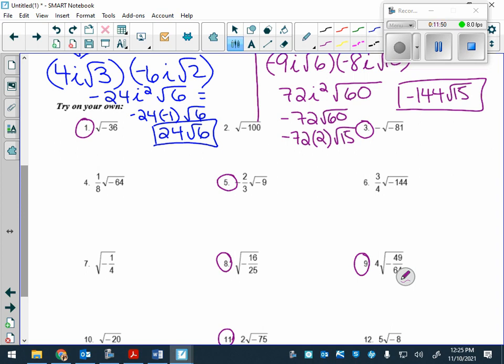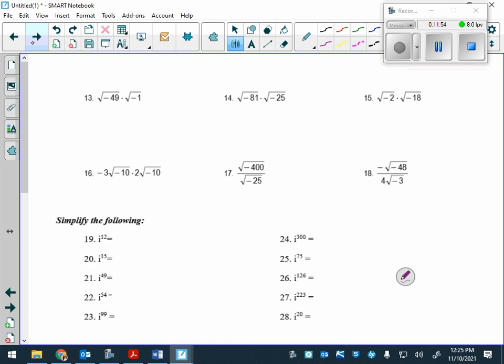So circle as I go: 1, 3, 5, 8, 9, and 11. 14 and 16, and just this side over here, 19 through 23. Okay, I want you to try those. We will go over those specific problems in a few minutes.